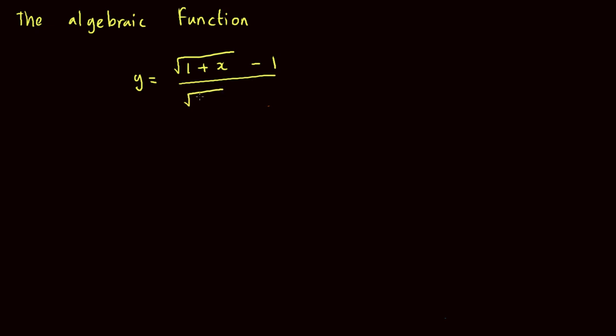Okay, so the last question states that we have this algebraic function, y equals square root of 1 plus x, minus 1, over square root of 1 plus x, plus 1.